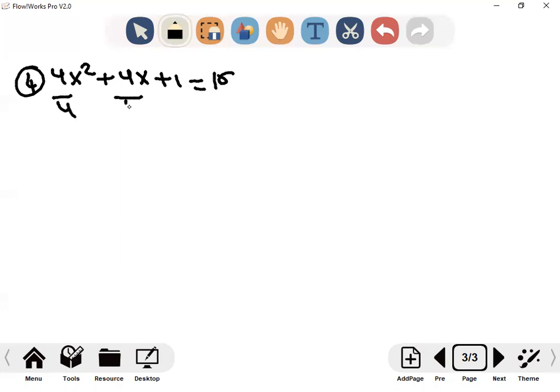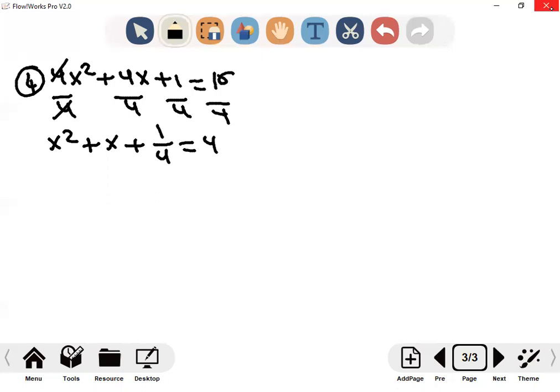Divide all the equation by 4. It stays x power 2 plus 1x plus 1 over 4 equals 16 over 4, right? Now check. Here 1, the half of 1, half power 2, which is 1 over 4.